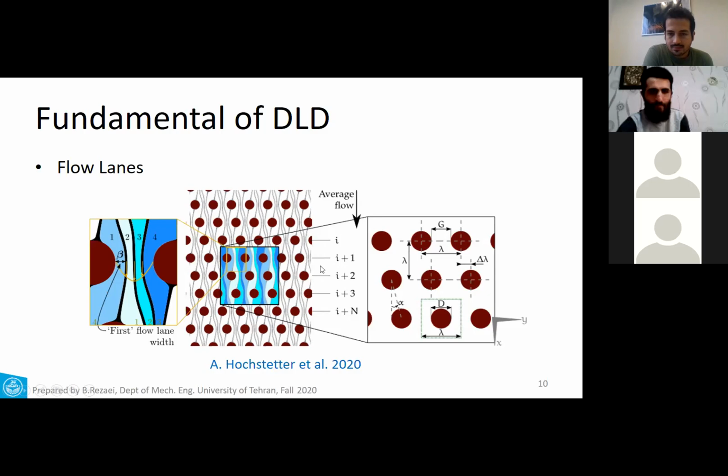And as we go forward, when we reach the end, you see that again these circles are exactly in front of each other. I mean row number I and row number I plus n have the same position, and this means that the periodicity of this array is n.